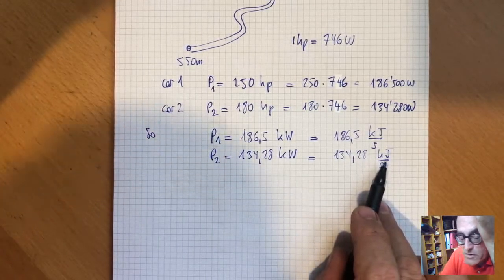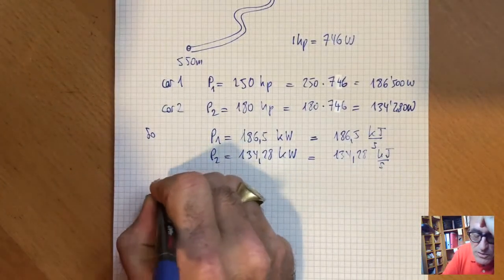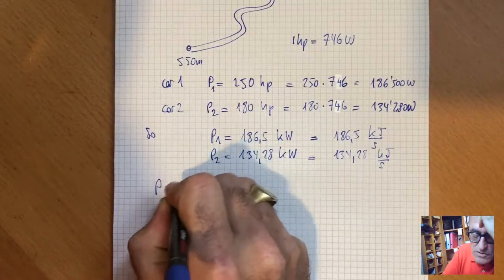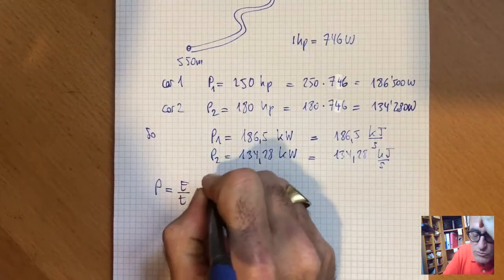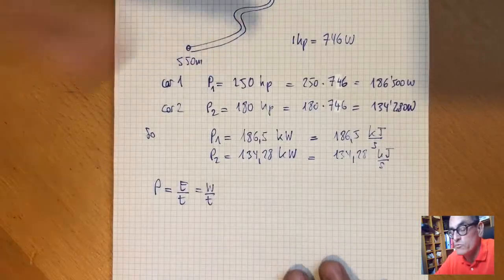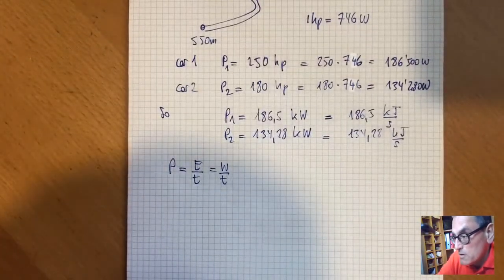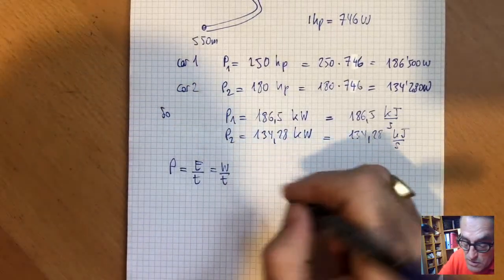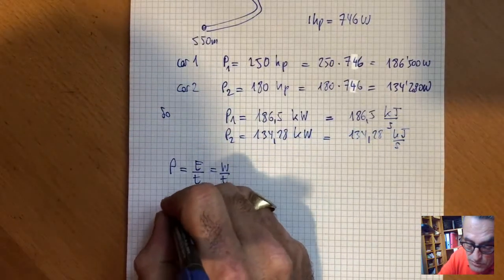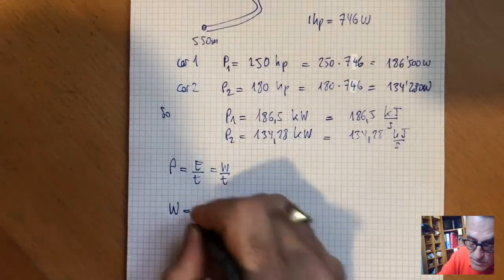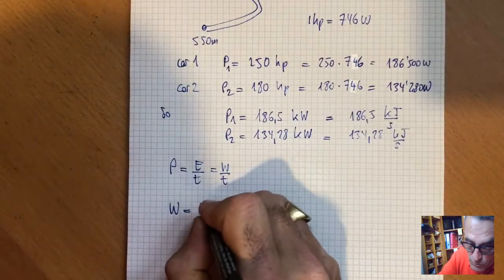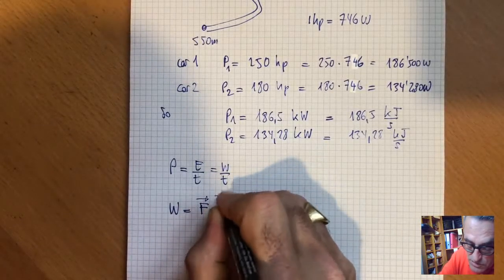And how do we estimate the time? As you know, the power is the energy divided by the time, or the work divided by the time. Anyhow, work is energy. And here, what is the work that we need to produce in order to get up to the pass? This work is equal to the force times the distance.